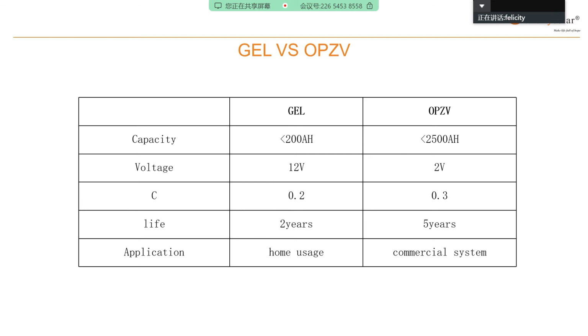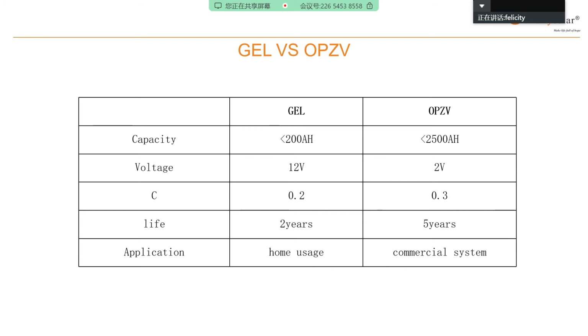There are different models. So if you need a battery bank for a big or commercial system, like 100, 200 or 300 kilowatt hours, you can choose the OPCV. For the single piece voltage, the GL is 12 volt and OPCV is 2 volt.